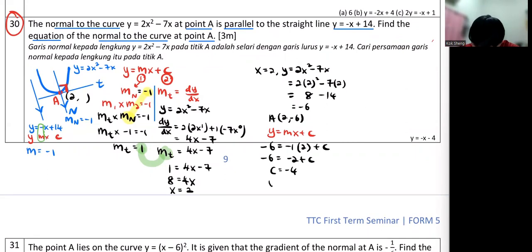Okay, done. y equals mx plus c. So this is for number 30, for 3 marks.